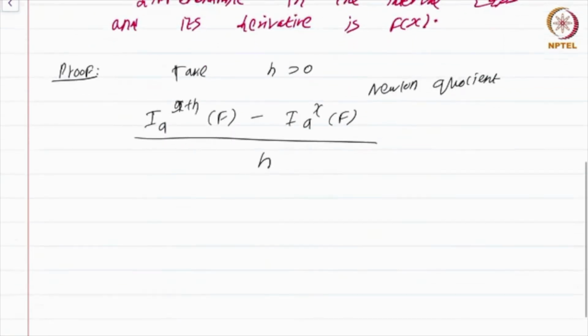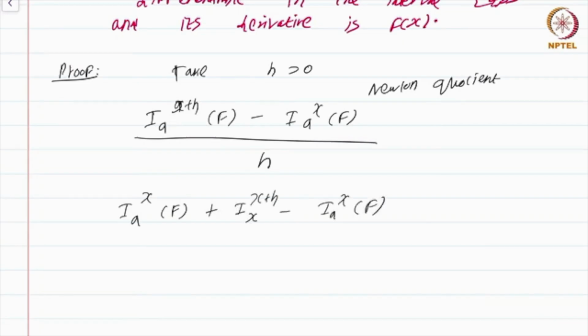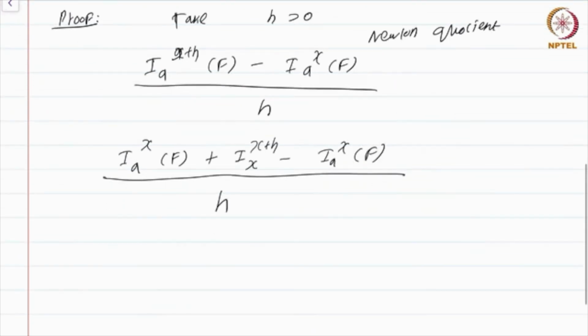Now here is where things get a bit helpful, because we have the properties that we need. We can write I_a,x+h of f as I_ax of f plus I_x,x+h of f, just by property 2 of the function I_ab, or I_ax here.